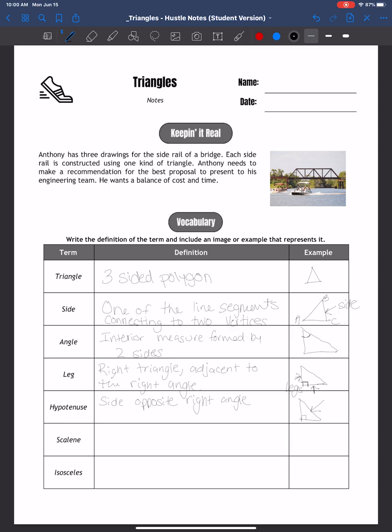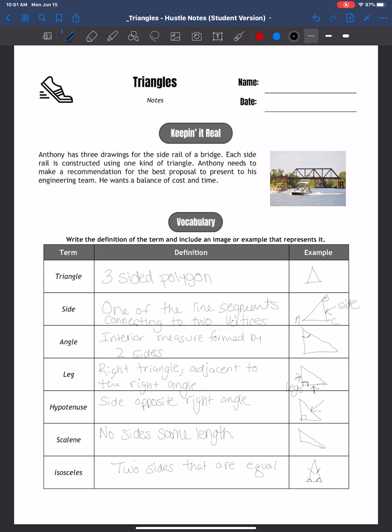A scalene has no sides that are the same length. An isosceles has two sides that are equal. So for example, those two sides are equal, and then also the opposite angles to the sides are congruent.